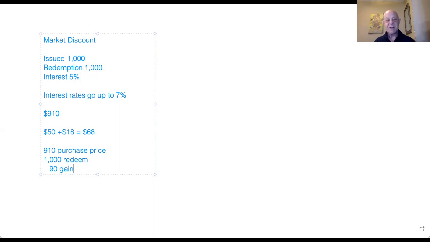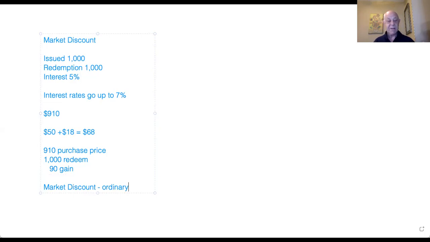If this bond had a 7% coupon, it would be trading for $1,000. It wouldn't be trading for $910. So Congress said that difference of market discount should be recognized as ordinary income. It should not be picked up as capital gain.